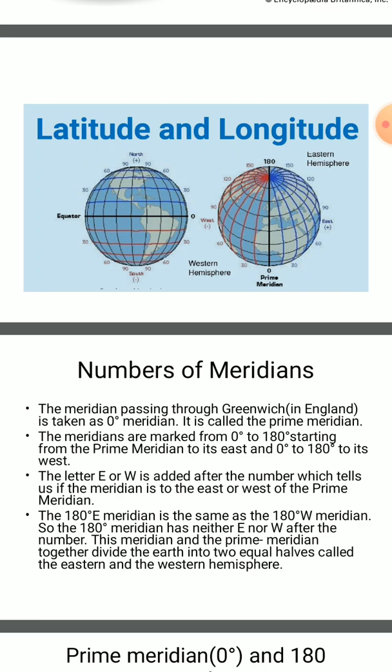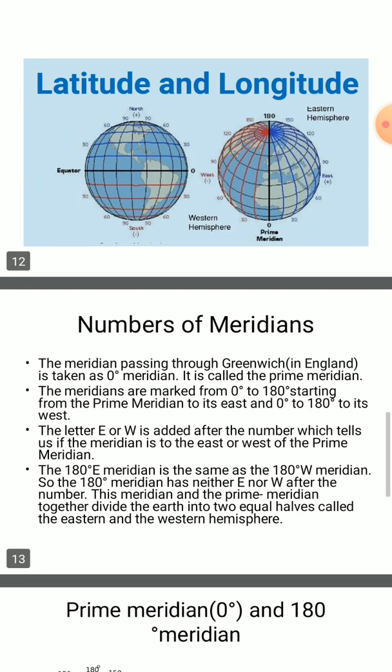The meridians are marked from 0 degree to 180 degrees starting from the prime meridian to its east and 0 degree to 180 degrees to its west. Taking prime meridian as base, we draw many longitudes like 30 degree east, 60 degree east and so on its eastern side, and similarly 30 degree west, 60 degree west and so on its western side.